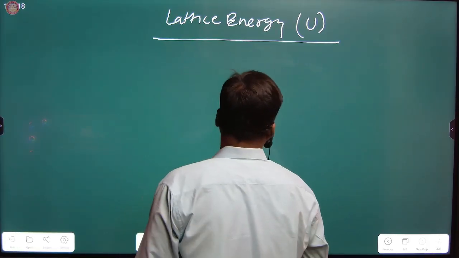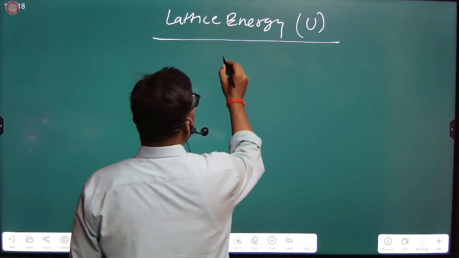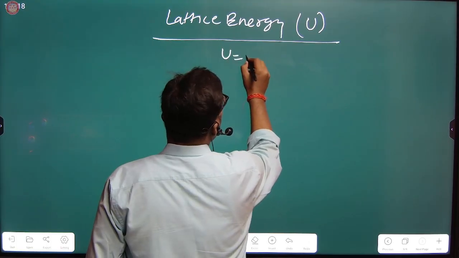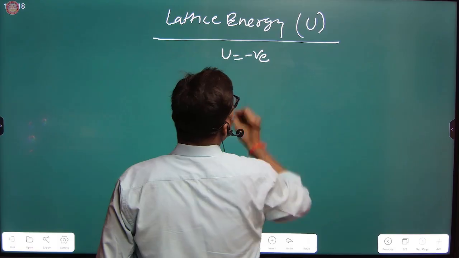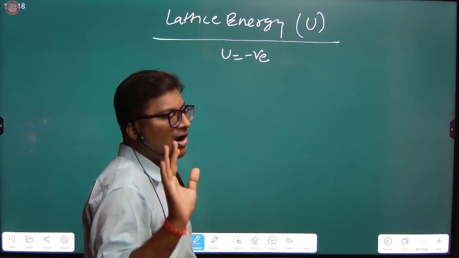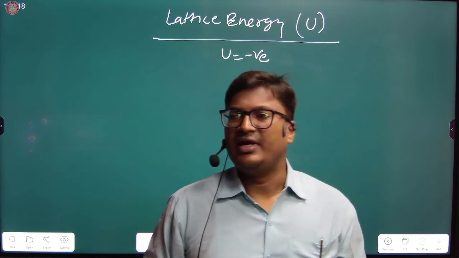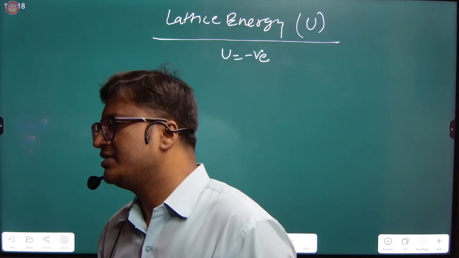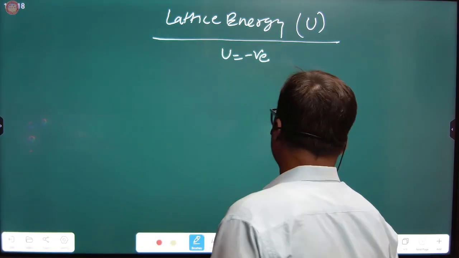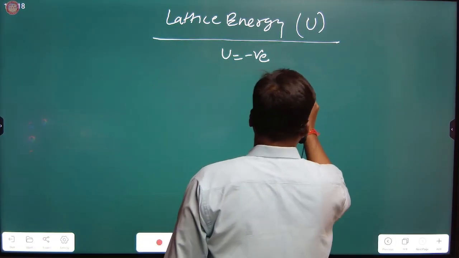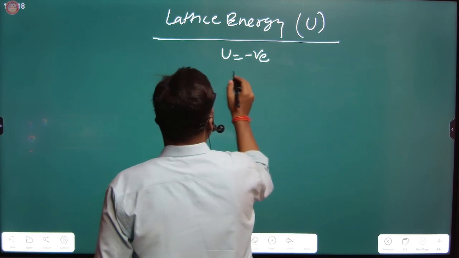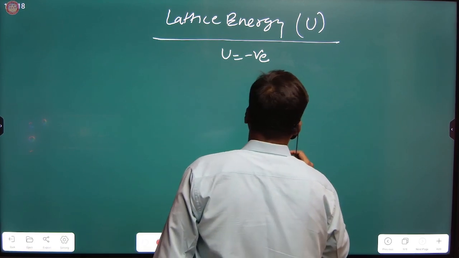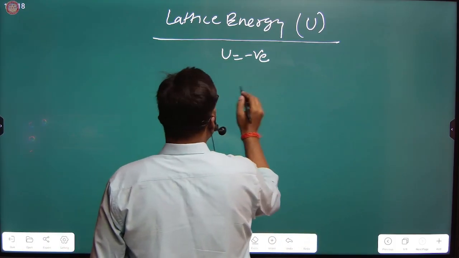Energy is evolved, so U is always a negative quantity when the ionic solid is formed. It means the lattice structure is going to be stabilized. So, it has negative energy. That is one way, and in the second way, we can break the lattice.